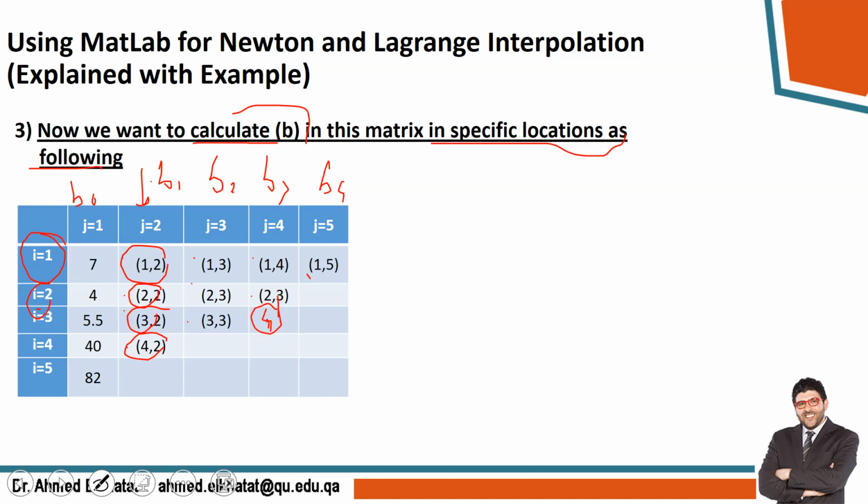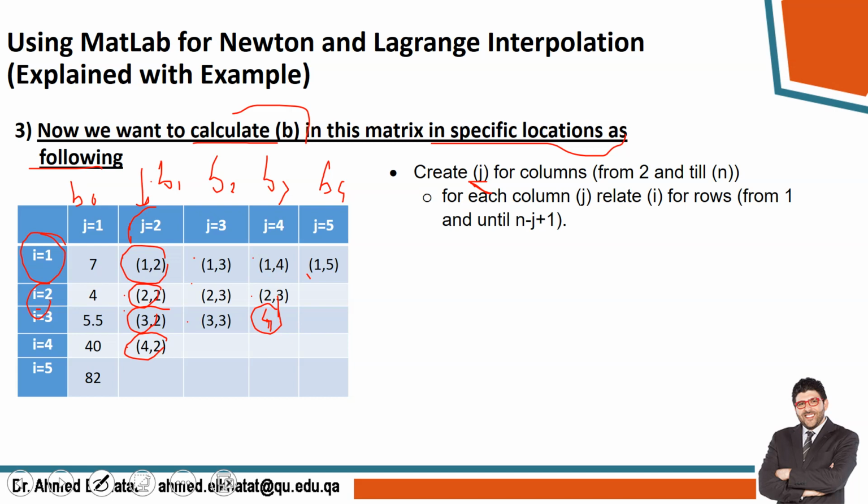So now, in order to create this matrix, we first create g for columns, from 2 until n, because we want to start from the second column. So for each column j, we want to relate i for rows from 1 until n minus j plus 1. This will give me only the rows until the previous one.